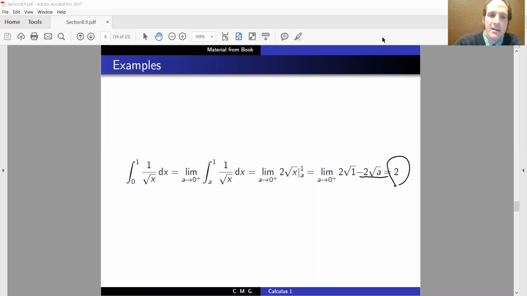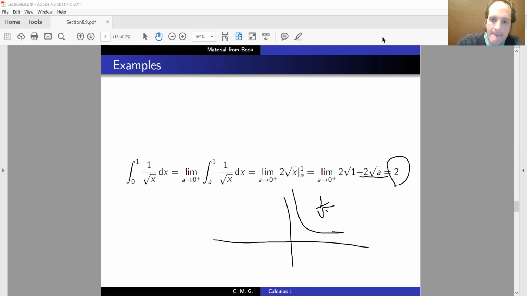So the area between the curve 1 over square root of x, between 0 and 1, is just going to be, so this area is just 1. So 1 unit squared inside of that area.